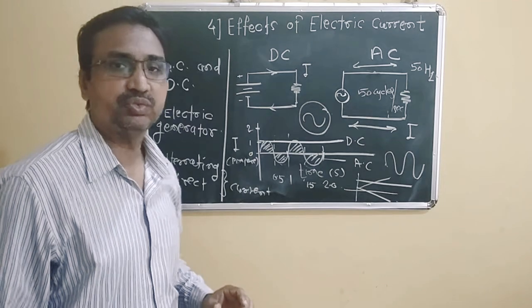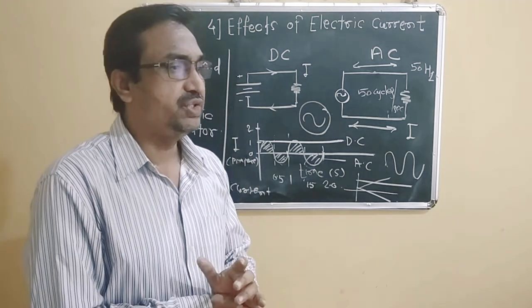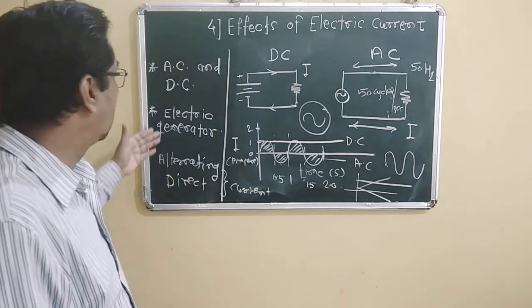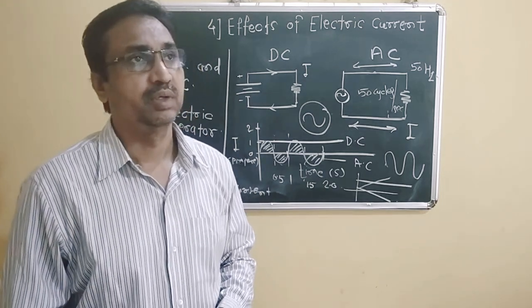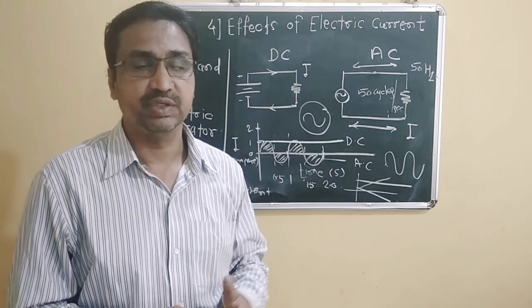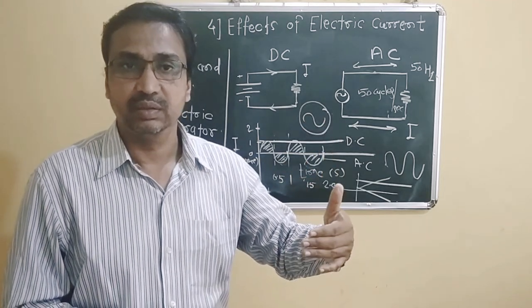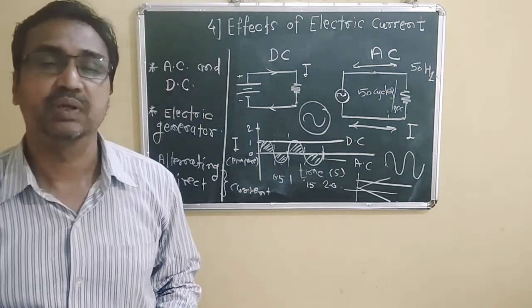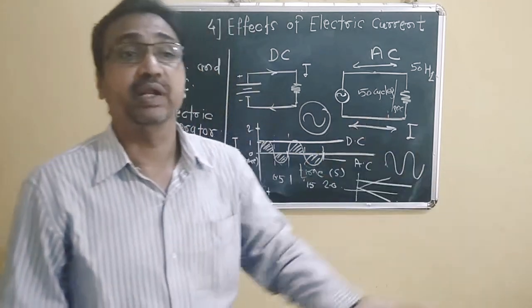Where is the DC source? Examples of a DC source are electric generators. A DC generator generates electric current when mechanical energy is converted into electrical energy.